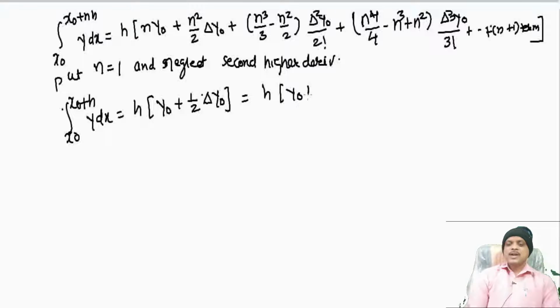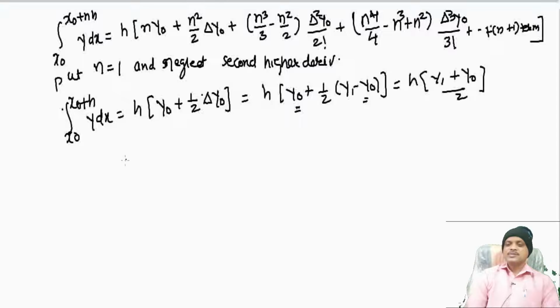Here delta y0 means y1 minus y0, so we get h into [y0 plus half of (y1 minus y0)], which is h into (y0 plus y1) divided by 2. Therefore the integration from x0 to x0 plus h is h divided by 2 into (y0 plus y1).